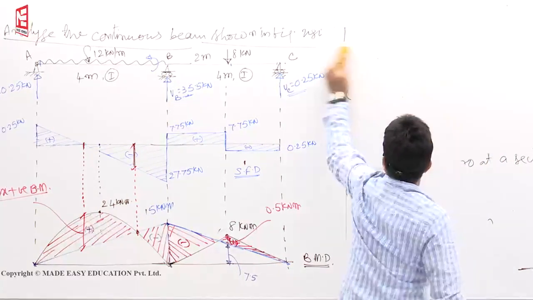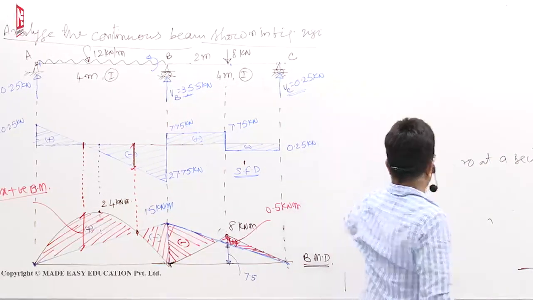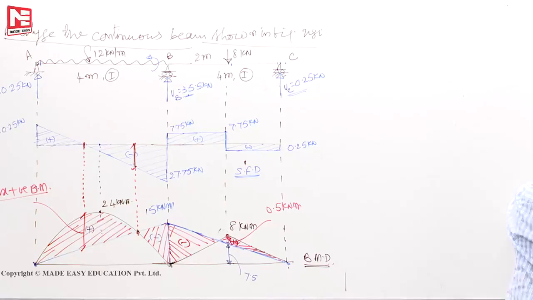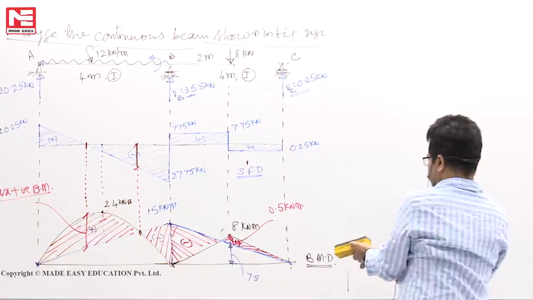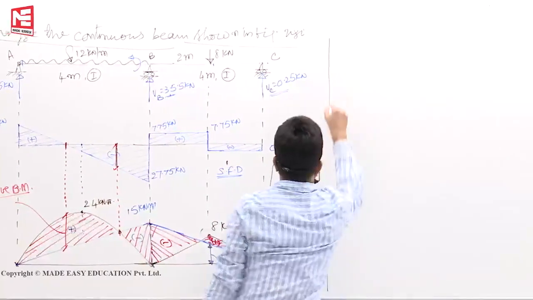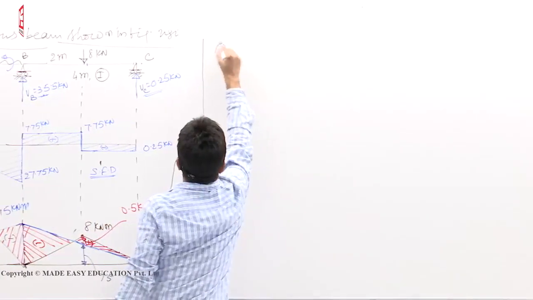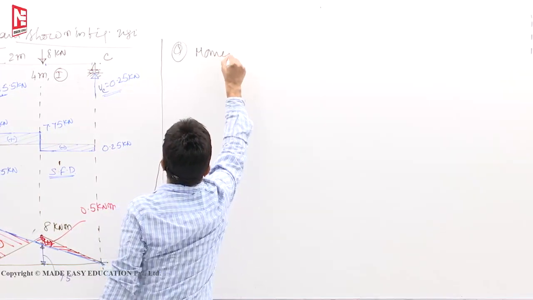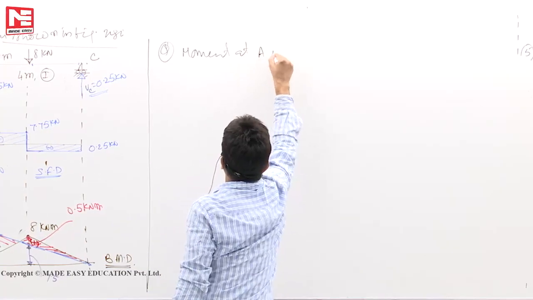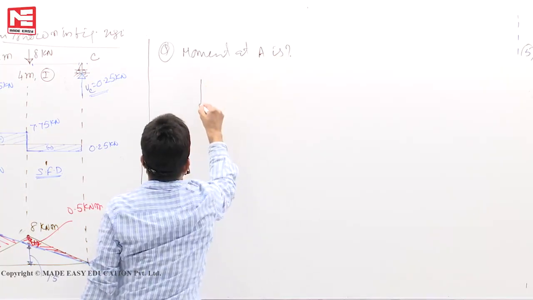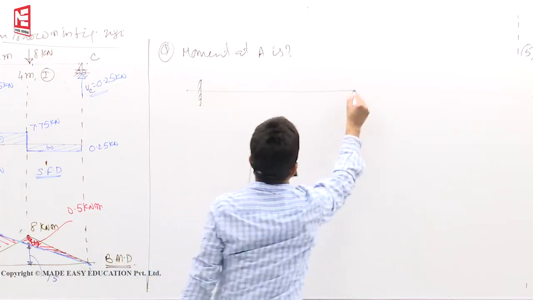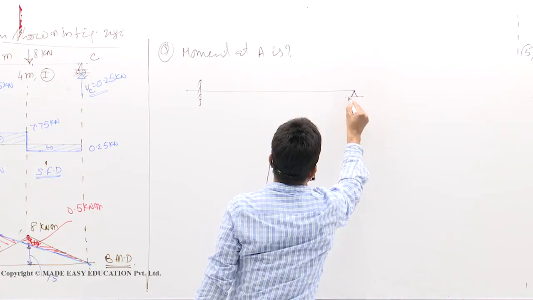See here, a 2 marks question they asked once for a single span itself, like this. Moment at A is, they have given one propped cantilever beam. There is a hinge support.